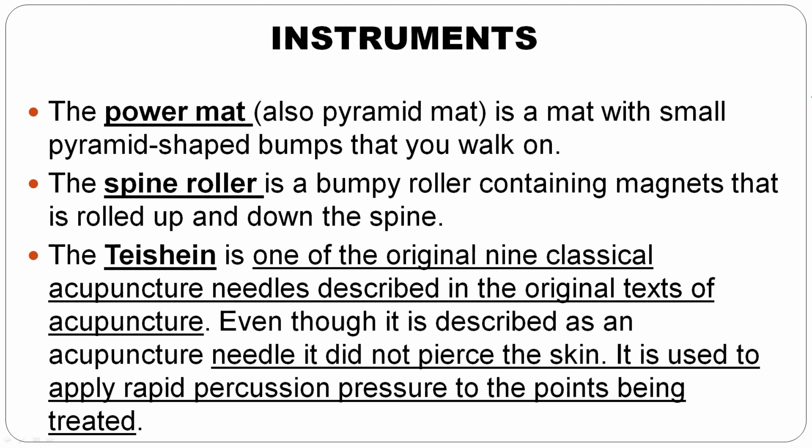The spine roller is a bumpy roller containing magnets that is rolled up and down the spine. The Taschen is one of the original nine classical acupuncture needles described in the original text of acupuncture. Even though it is described as an acupuncture needle, it did not pierce the skin. It is used to apply rapid percussive pressure to the point being treated.